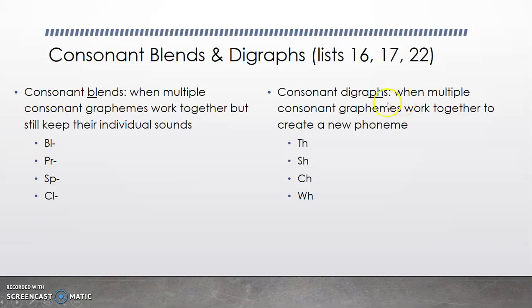And again, you'll notice that at the end of the word digraphs, I underlined the PH. That is an example of a digraph. The P and the H work together to make the F phoneme. So another little trick to help you remember which is which. Blends starts with a blend, digraphs ends with a digraph.